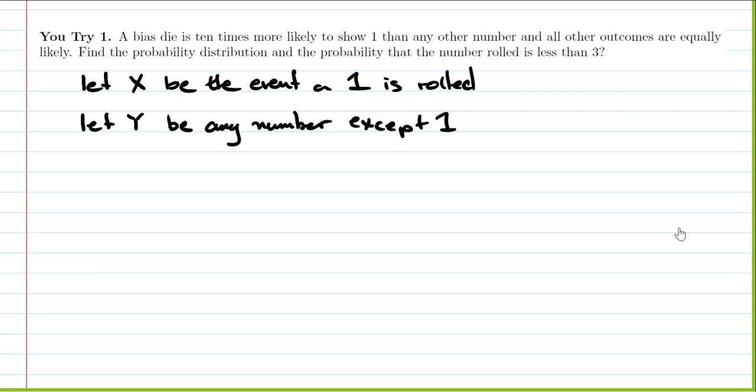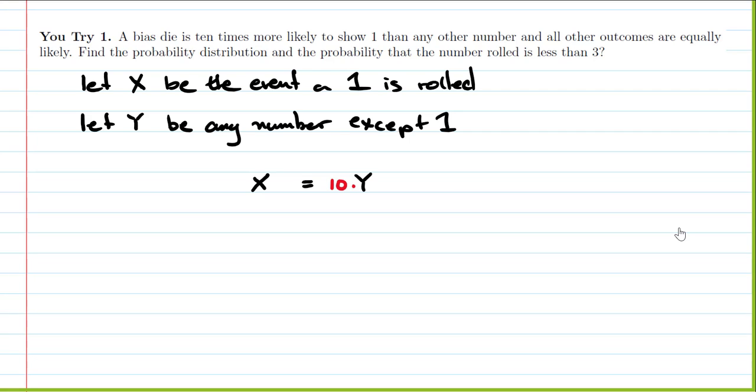So then, using the same strategy that we did above, let's start with a false statement. X is equal to Y. Is that statement true? And of course the answer is no. So which is bigger, X or Y? X is bigger. So to make that equation true, I'm going to multiply my Y and make it 10 times bigger. So that's my first equation.